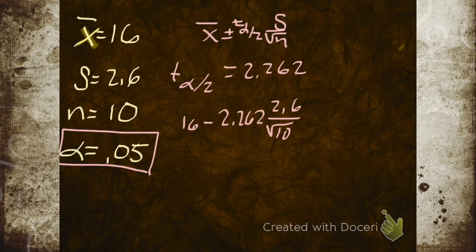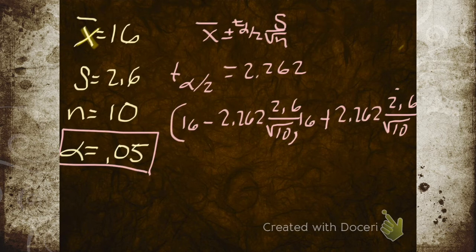S is the sample standard deviation. And then on the other side, we have the same thing, with a little comma in between. This side's going to be plus.